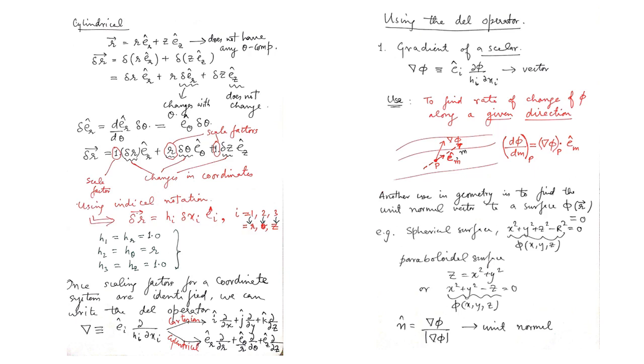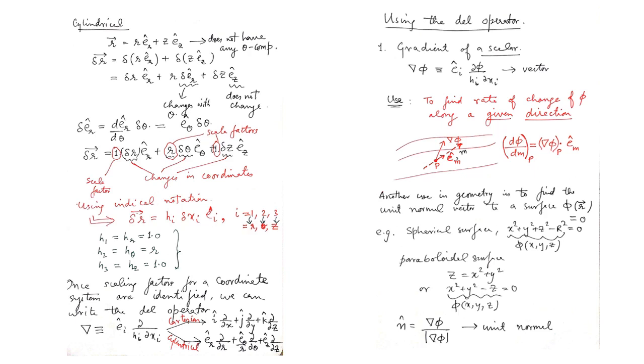Now there are some very basic uses of this concept of gradient of a scalar. So pay attention here to the uses that we are trying to point out. To find rate of change of the scalar along a given direction, this is one use. That means if you have a flow domain, as I have indicated by my smooth lines, and I am focusing on a point P, then at point P, suppose I am moving along this dashed line, which I am calling the direction m.